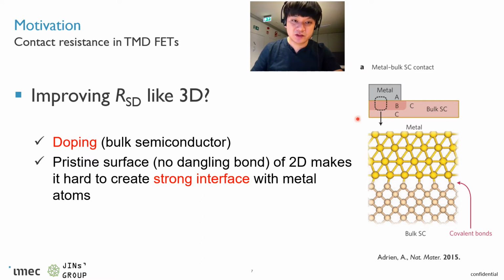However, in 2D materials it's difficult to dope, and they have few dangling bonds, so they cannot make a strong interface with metal. Therefore, a large contact resistance is formed instead.